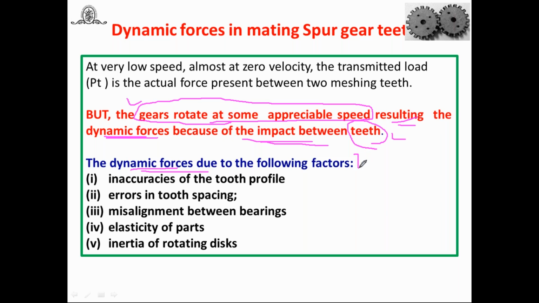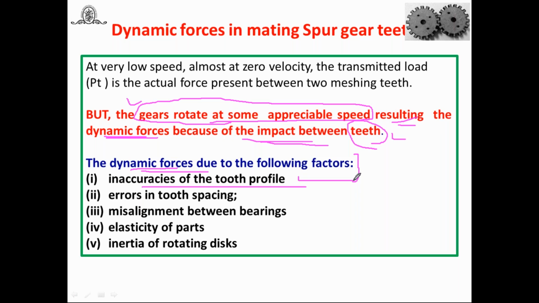There are some factors why these dynamic forces result. The first reason is inaccuracies of tooth profile. Sometimes gears are not manufactured properly, and because of that you will find inaccuracies in the gear tooth profile.